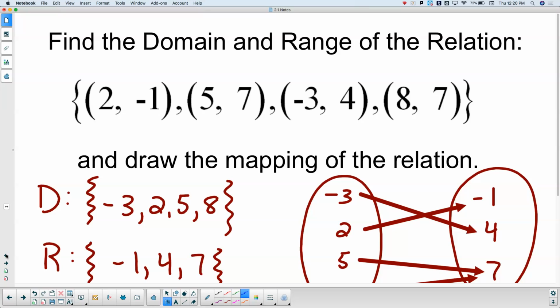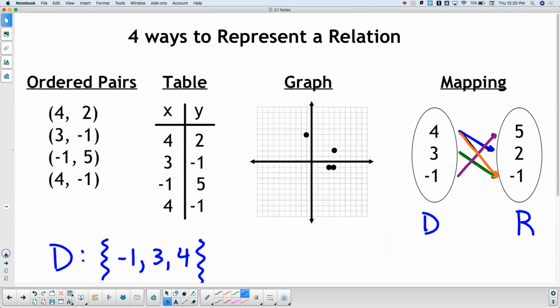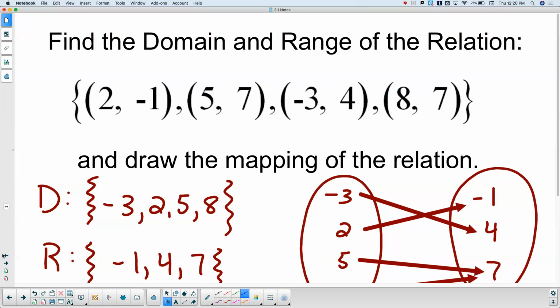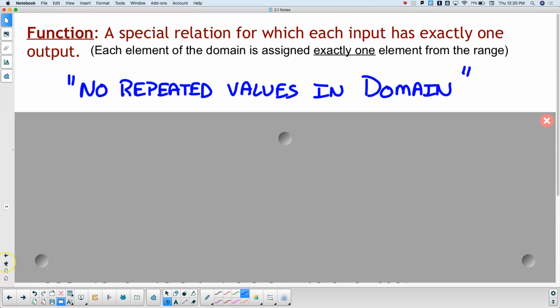Is this a function? No, because now there's two values of 4 in the domain. So this one's not a function. This one is a function.